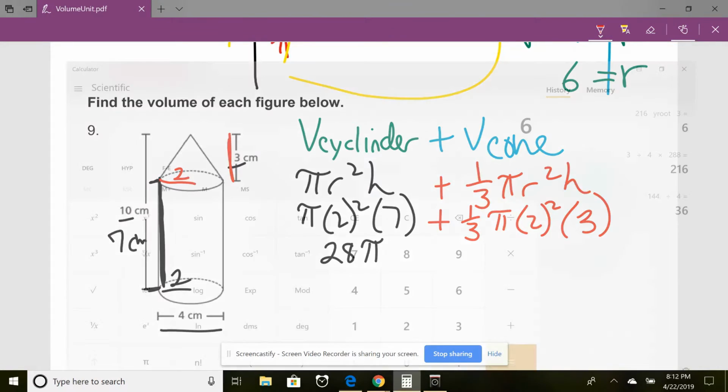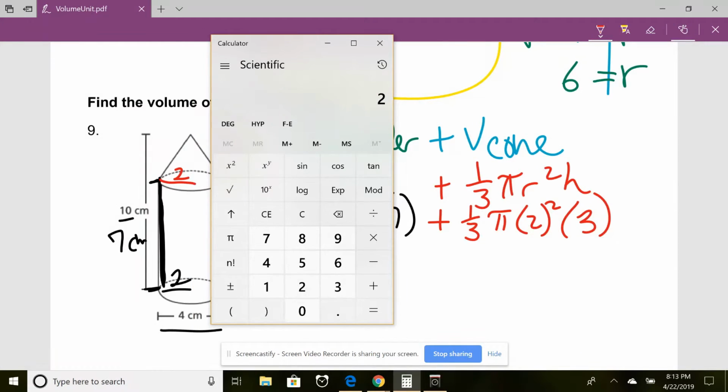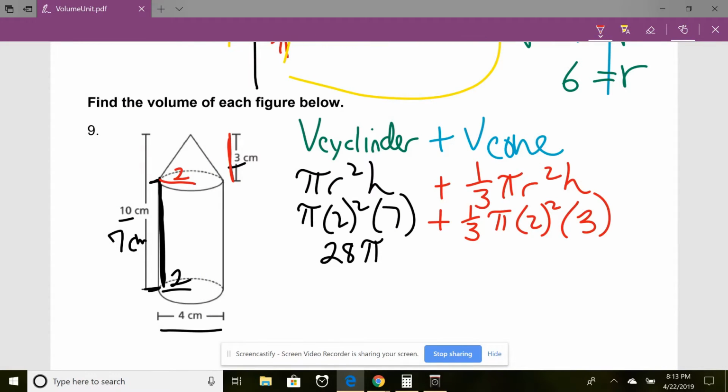All right, 2 squared times 3 times 1 divided by 3 is 1. Let me double check that. 2 squared times 3 times 1 divided by 3. 4. Okay, that's more like it. So this is 4 pi.